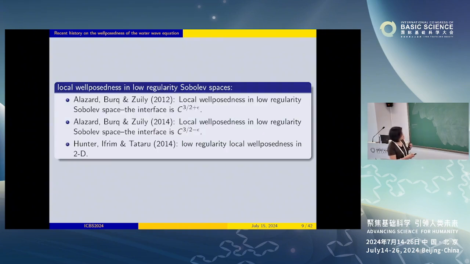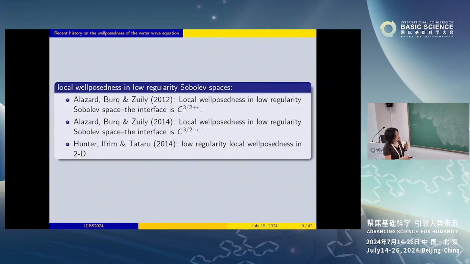Okay, so there's also a lot of results on local well-posedness in low regularity Sobolev spaces. Essentially it's done by the group of Alazard, Burq, Zuily, and also later by Hunter, Ifrim, Tataru. So in all this work, the interface is required to have regularity C to the 3/2 plus epsilon, or C to the 3/2 minus epsilon.